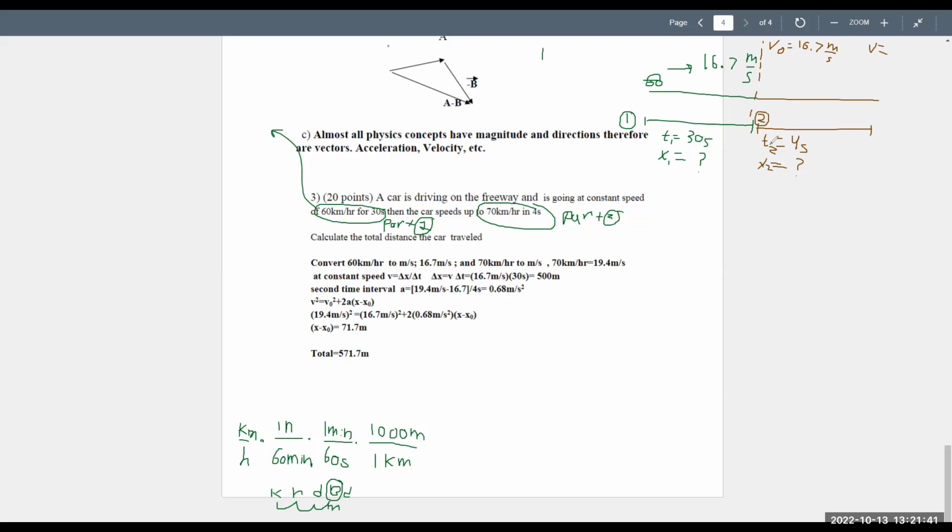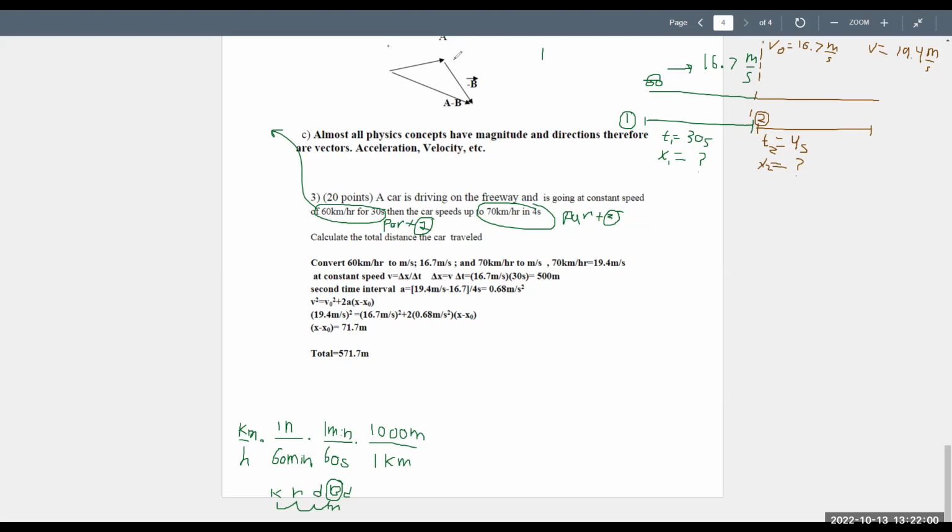And that's going to give you about 19.4 meters per second. And you know that because you're changing, that means you had an acceleration.